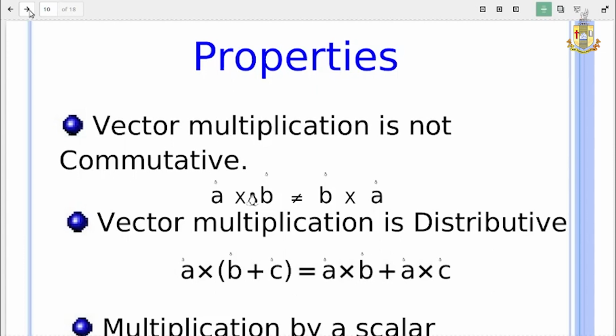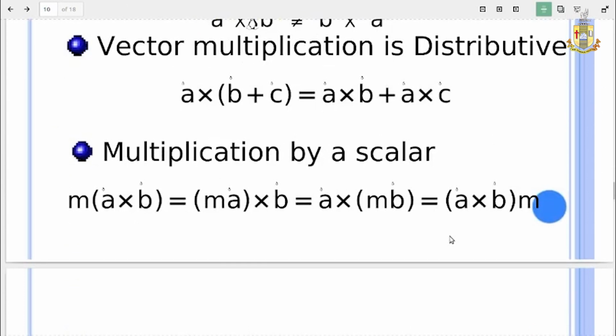That is, A vector cross (B vector plus C vector) equals A vector cross B vector plus A vector cross C vector. And the third one is multiplication by a scalar quantity. A scalar quantity can be whatever it may be, a number or some variables or some other things.